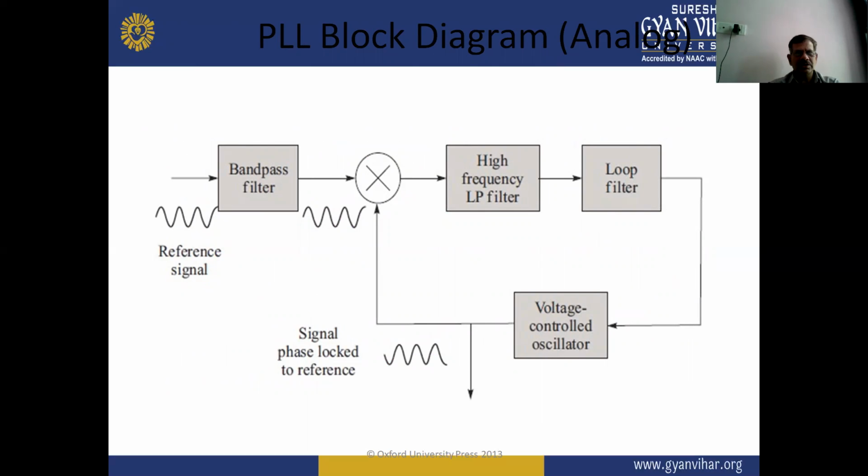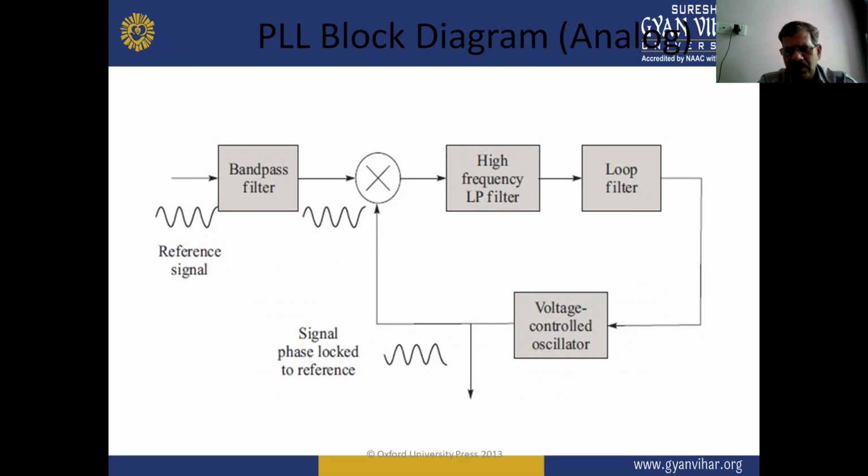So here is the PLL block diagram. A reference signal is applied to the band pass filter, and the output of this band pass filter is applied to the multiplier network. The output of this multiplier goes to a high frequency low pass filter, and then to the loop filter.